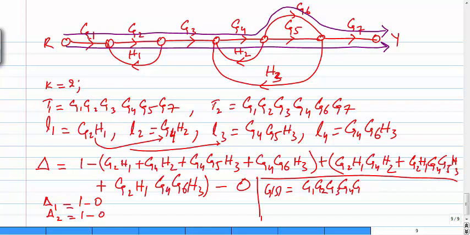Because the only difference between these two is that here is G6 and here is G5, so I call it G7, which becomes G5 plus G6. This is on the top because there are two forward paths. Then I have to multiply with delta 1, delta in both cases is 1, and divide by delta. So this is the solution we are getting, and it's very easy to calculate the transfer function.